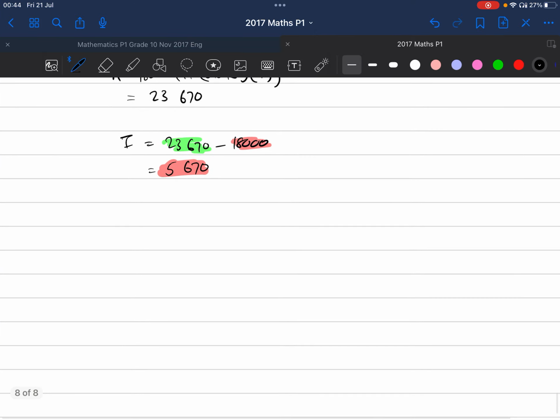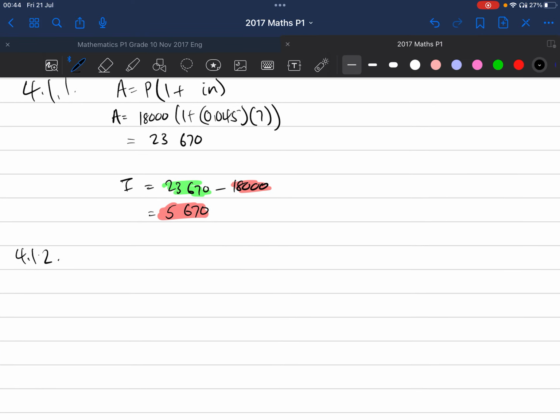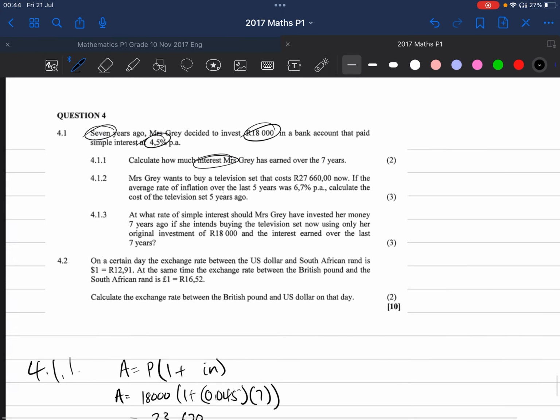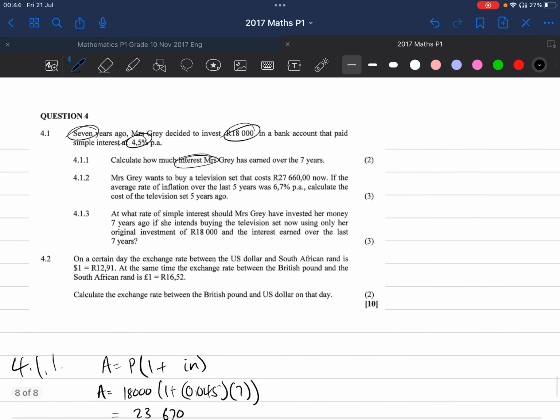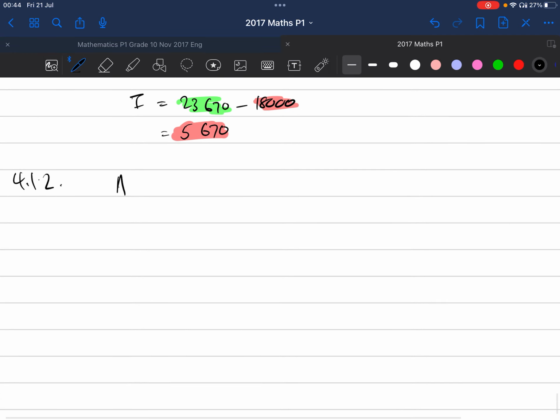Okay, so you can think about inflation as if it was interest, but it's increasing almost like compound interest. So you can use the same equation that we use for compound interest.